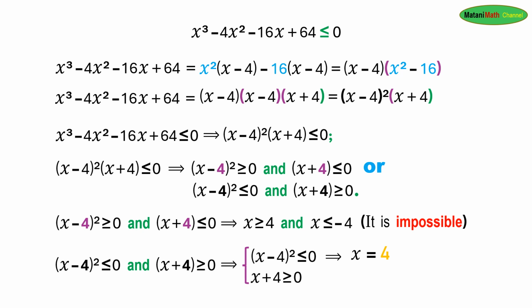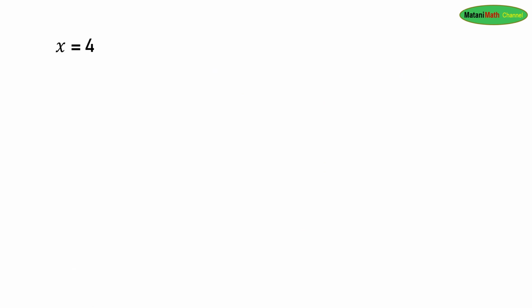If x plus 4 greater than or equal to 0, then x greater than or equal to minus 4. From this, we will find x equal to 4. x equal to 4 is not on the interval x greater than or equal to minus half, less than or equal to 4 by 3.